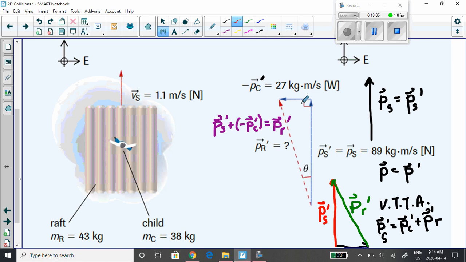I can use vector tip to tail addition to find the hypotenuse here, which would be the momentum of the raft after or during the child's walk, the prime. Now, I know that this is a right angle triangle, so I can use Pythagoras to find this hypotenuse, and I can use trig to find the angle theta, and that's what they're going to do.